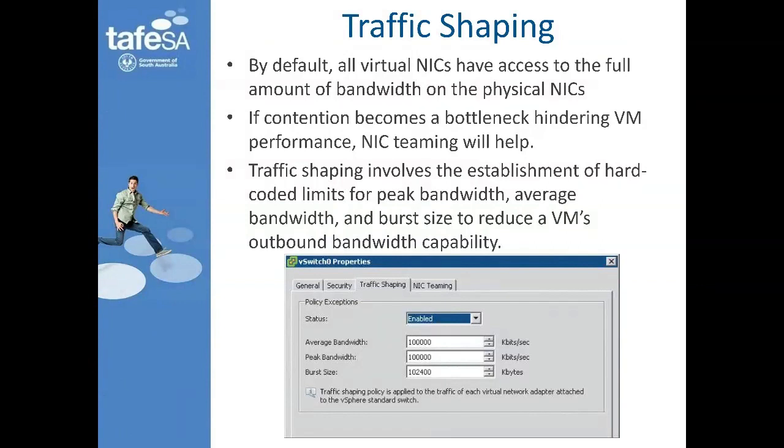If there's a lot of fighting for the bandwidth between the virtual machines, and that becomes a bottleneck, a slow point that hinders virtual machine performance, NIC teaming will help by increasing the amount of bandwidth. Traffic shaping involves the establishment of hard-coded limits for peak bandwidth, average bandwidth, and burst size to reduce the VM's outbound bandwidth capabilities.